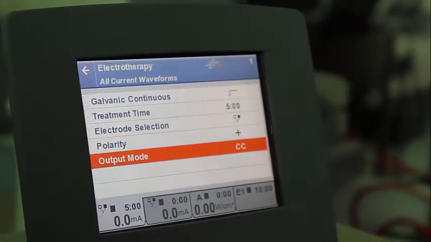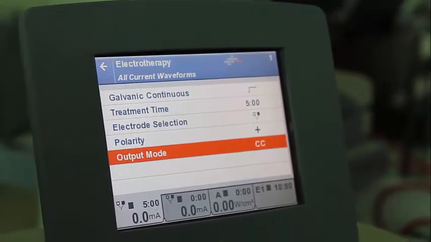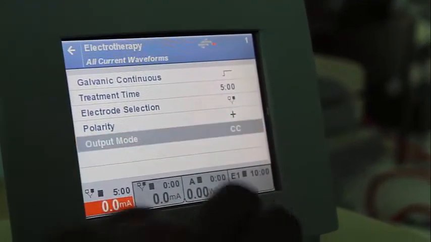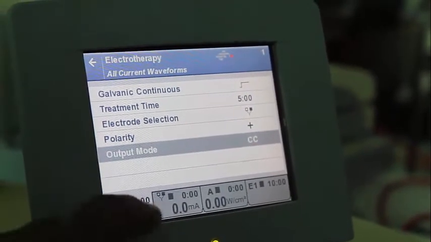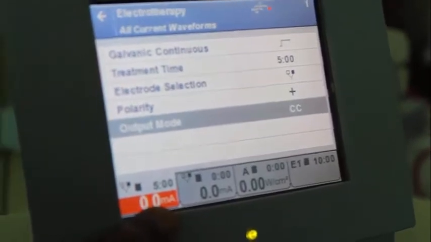Polarity, no problem, positive or negative. Output mode, continuous. So now switch on here. If you see here, milliamperes, that means intensity. Amplitude or intensity, milliamperes.